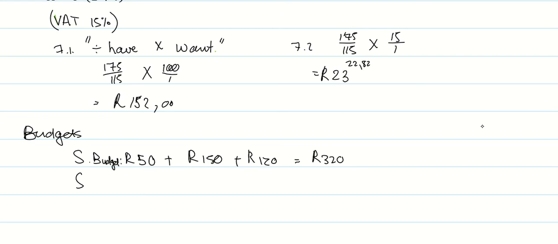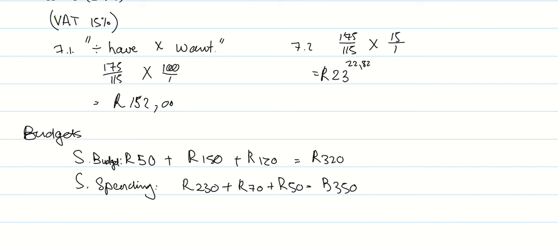And then what was Sophia's spending? What did she actually spend? Let's start with the end of the month. The actual entertainment costs 230, plus 70, plus 50 Rand, and that adds up to a total of 350.